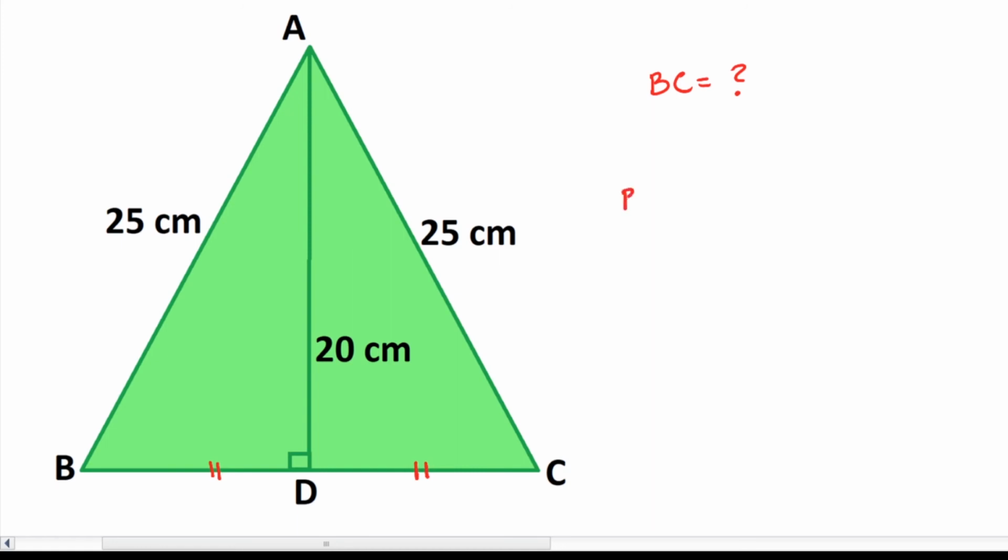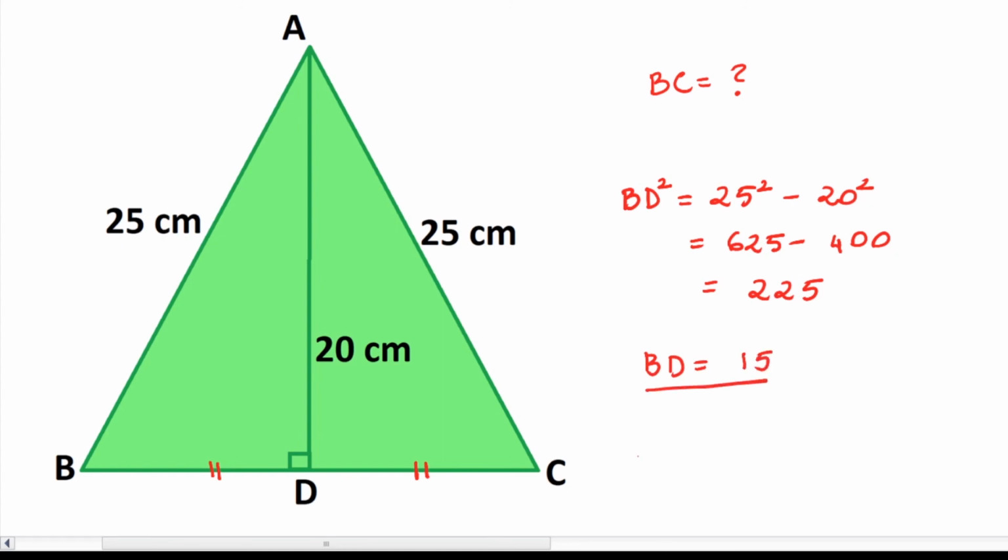So using the Pythagoras property, BD square is equal to AB square minus AD square, which is 25 square minus 20 square, जो कि is equal to 625 minus 400, which is equal to 225. BD is square root of 225, which is 15. So BD is equal to DC, which is equal to 15. Therefore, BC is equal to 15 plus 15, which is equal to 30 centimeters.